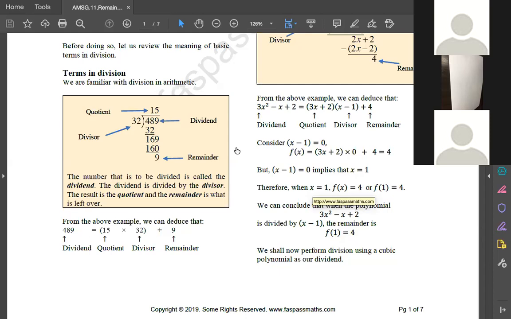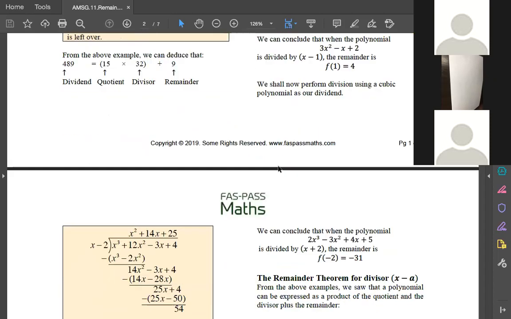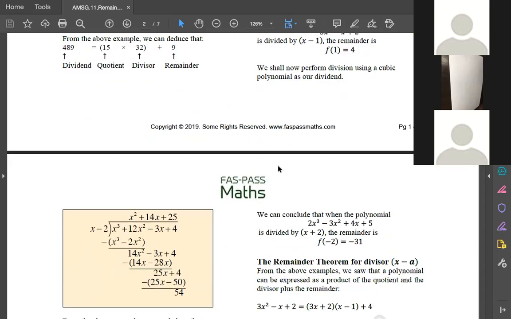Now when you pick that number and fix it inside wherever you can find x within the function, the number you get is the remainder. That is all about the remainder theorem.